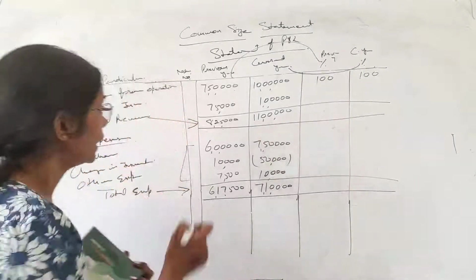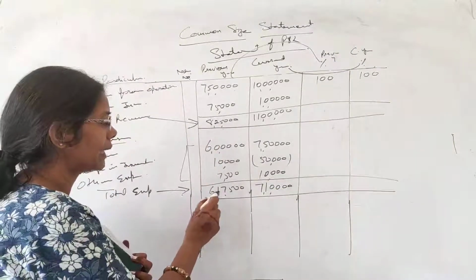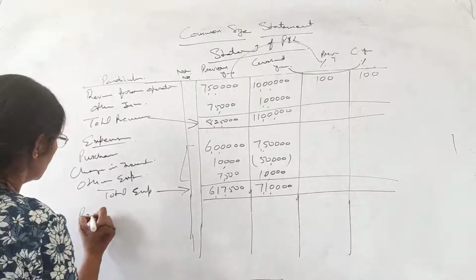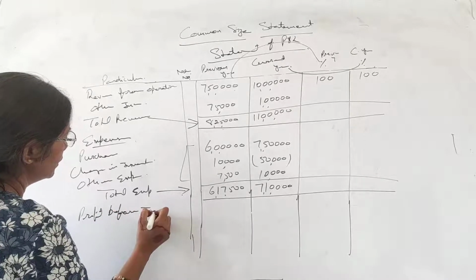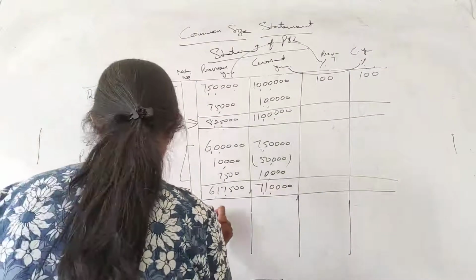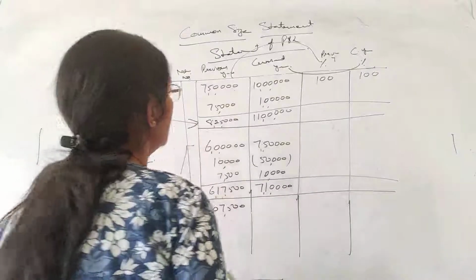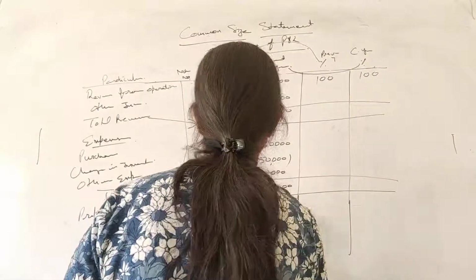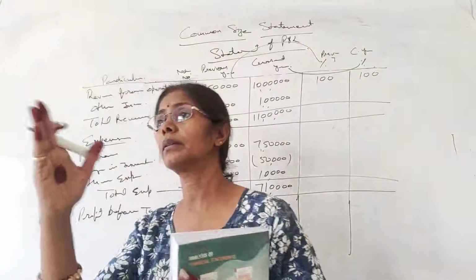So 8,25,000, right, minus 6,17,500, this comes your profit before tax. So this comes 2,07,500, and in the current year this comes 3,90,000.